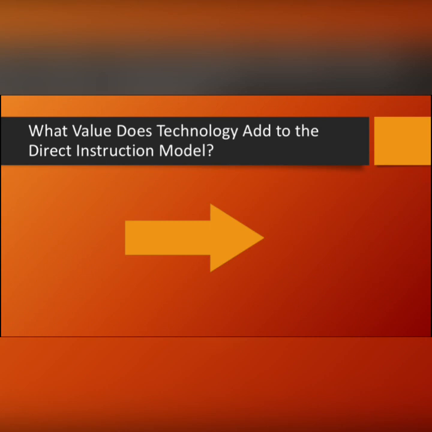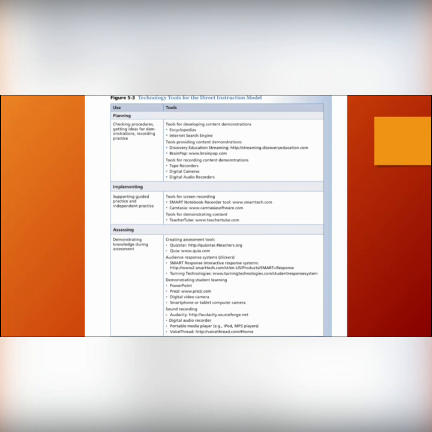The next question is, what value does technology add to the direct instruction model? This is figure 5.3, technology tools for the direct instruction model, organized by planning, implementing, and assessing, with the tools listed.